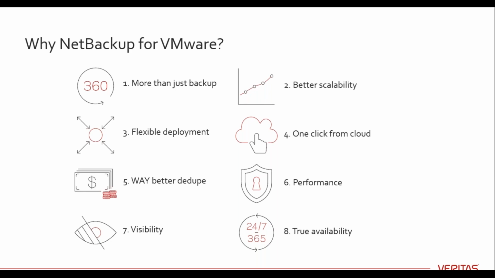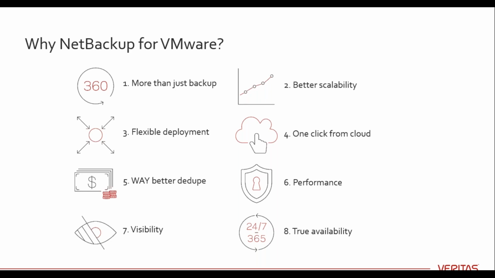So many organizations are moving to hybrid and multi-cloud environments. So we have over 60 plus cloud connectors that are available for you to accelerate transition to the cloud. And we also give you complete visibility into all the data within your environment.